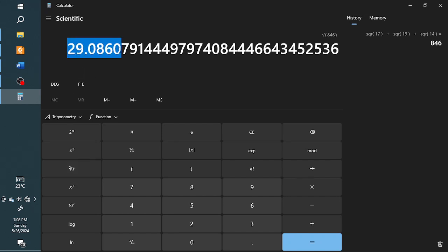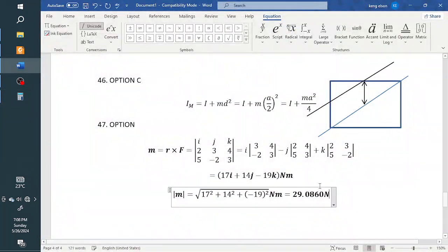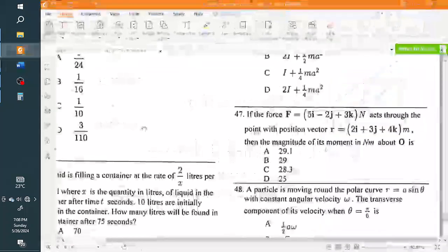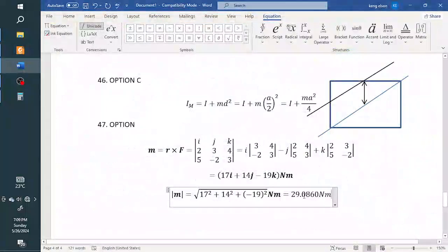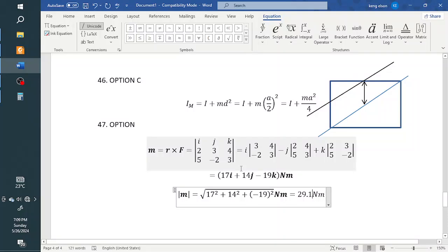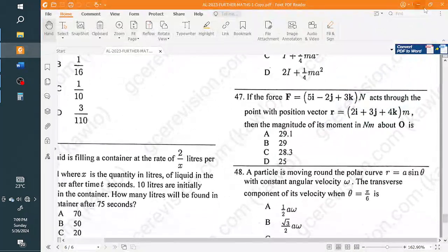Let me copy some decimal places. Newton meter. Okay, let's go and check the responses. 29.1. Which one is the best approximation? I think it's 29.1 when we round up. So 29.1 is the best approximation, so option A for 47.